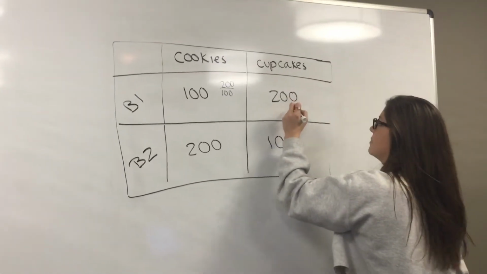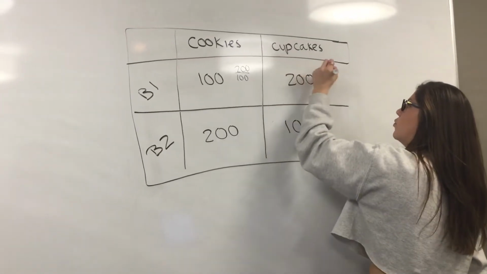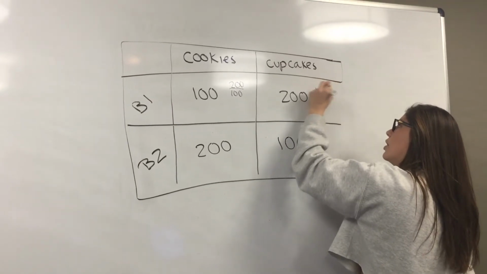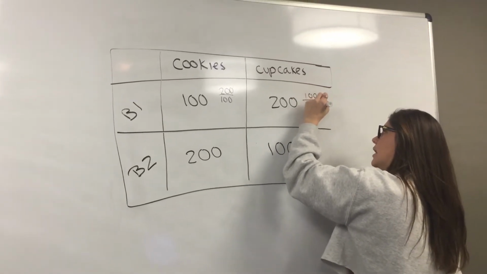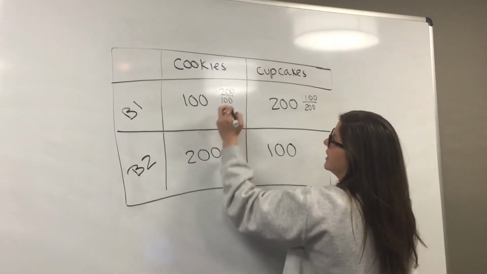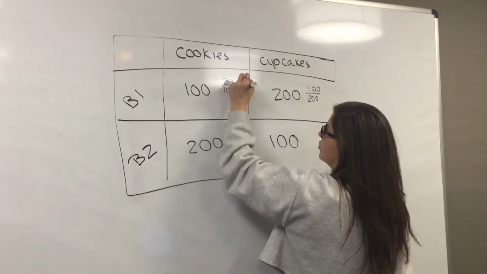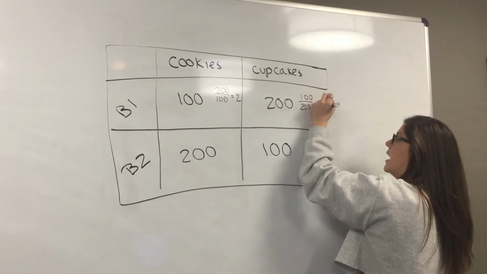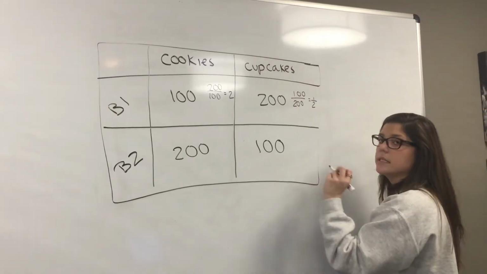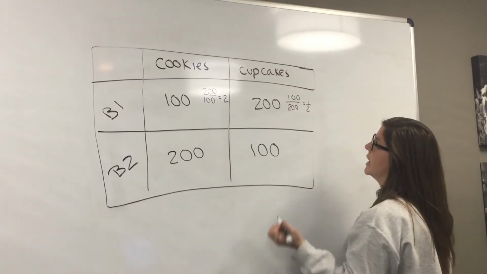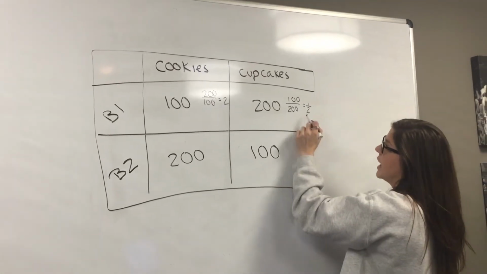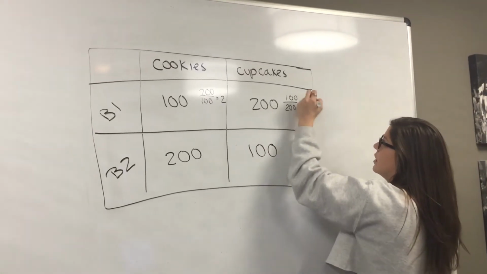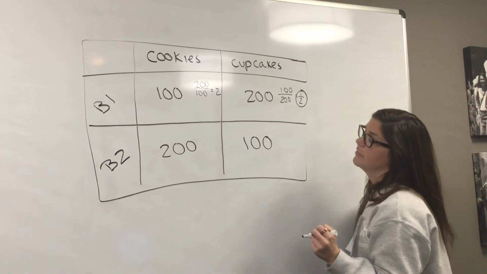And then you're going to do the same thing over here, except you're going to take the 100 cookies over the 200 cupcakes. And then you're just going to divide them out so that this will equal 2 and this will equal 1/2. And then whichever one has the smaller number is going to be the one that has the comparative advantage. So because 1/2 is smaller than 2, baker 1 is going to have the comparative advantage in cupcakes.